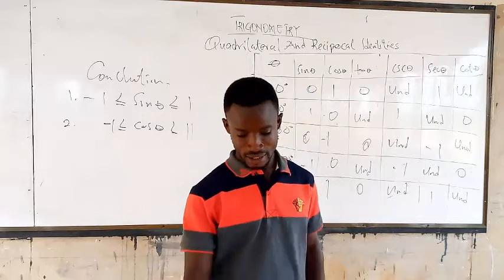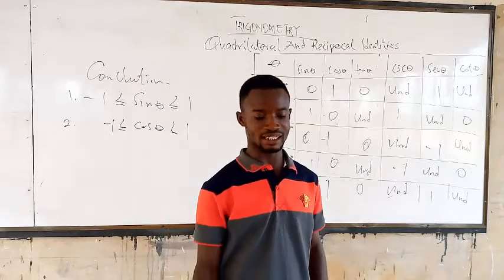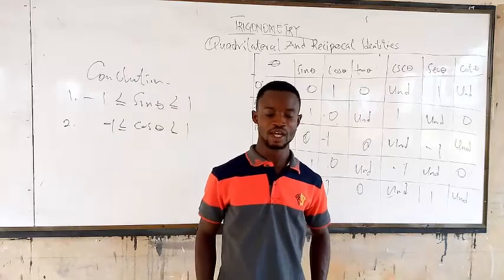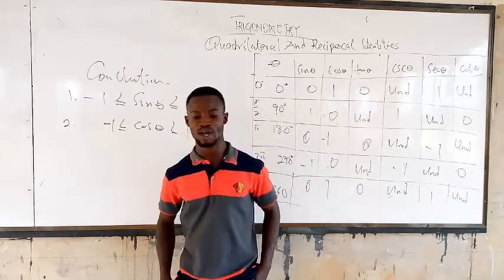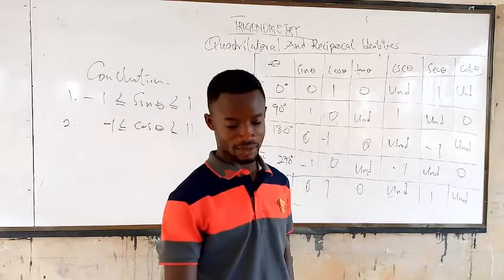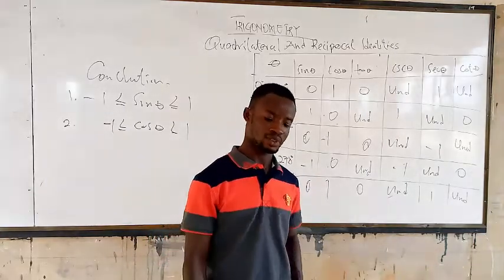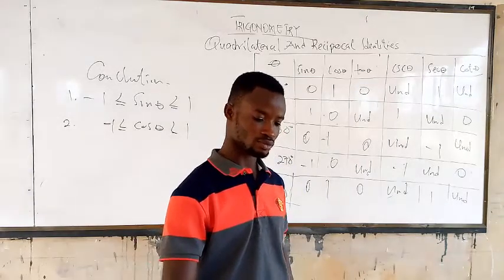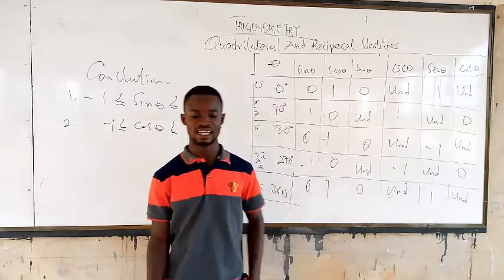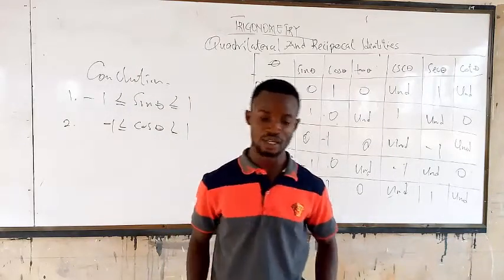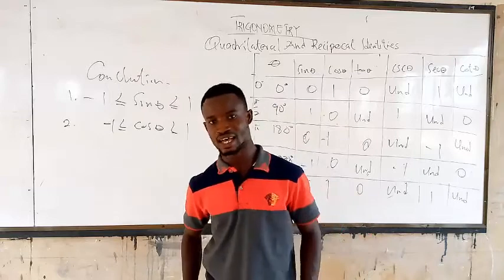Two, the domain of tangent and secant is all real numbers except pi over 2 plus pi n, where n is an integer. Three, the domain of cosecant and cotangent is all real numbers except pi n, where n is an integer.